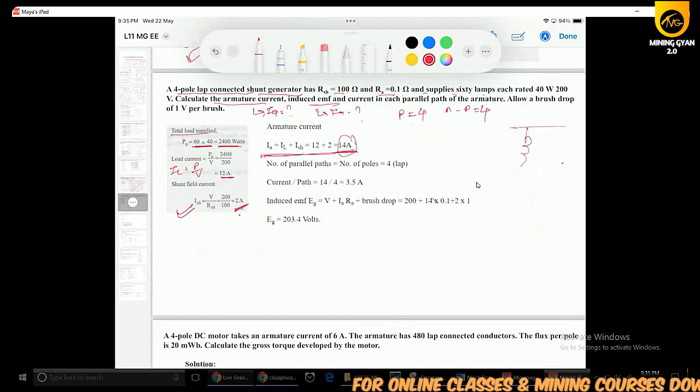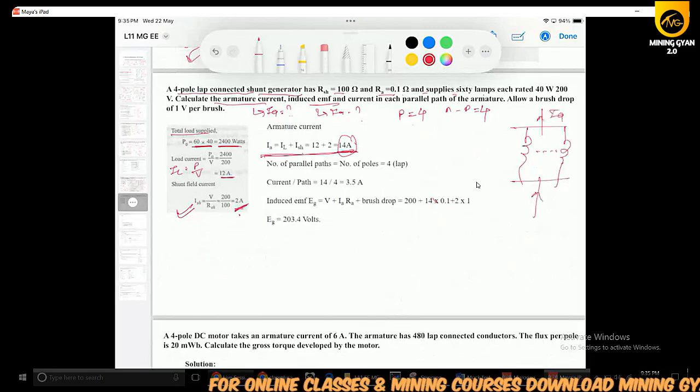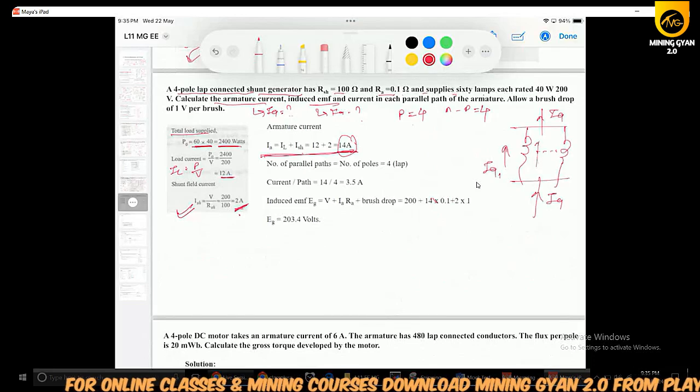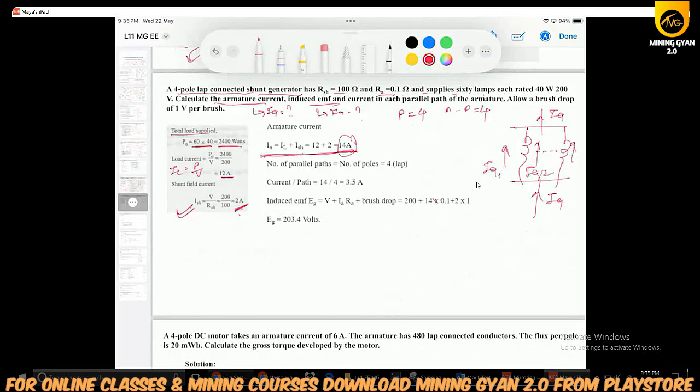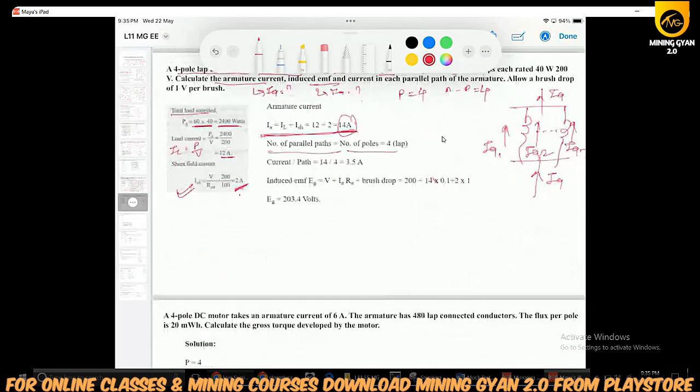Then if a number of parallel paths are there, the total IA current will be split into that many currents: IA1, IA2, likewise IAN if n paths are there. You know that in a lap winding, A is the number of parallel paths. So there are 4 parallel paths in case of lap winding.